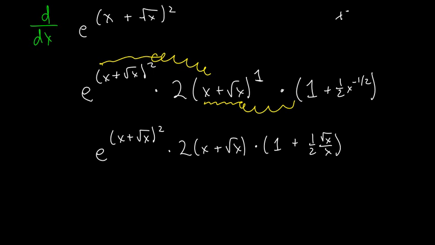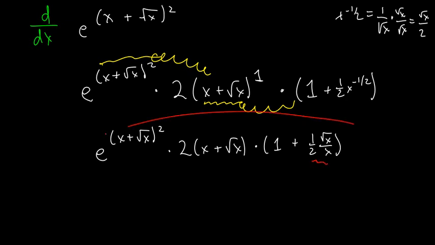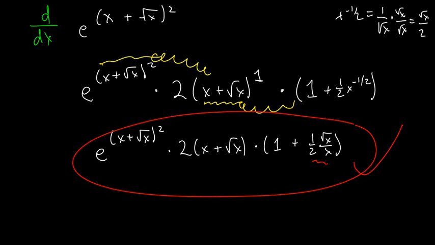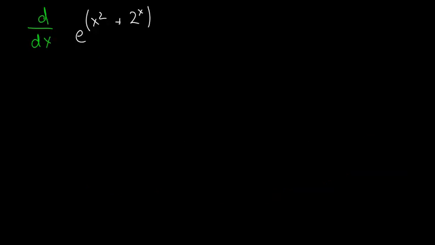If x to the minus 1/2 is equal to 1 over square root of x, then what you do is you multiply the top and the bottom by square root of x. All right, so that's just that little thing that went on right here. Anyway, here is the final answer. It looks complicated, but you see the order in which you do things is very well-defined. So let's go on to another example.